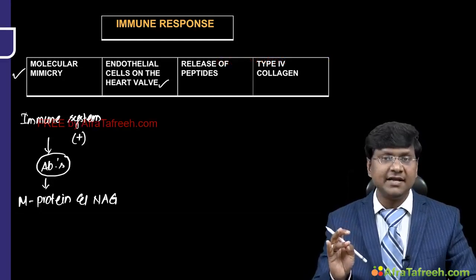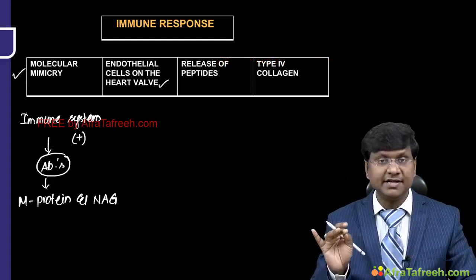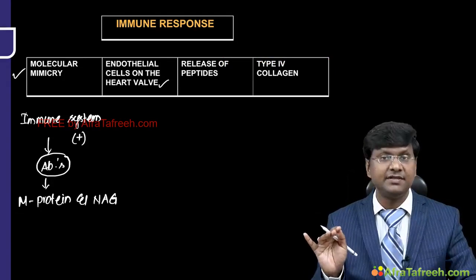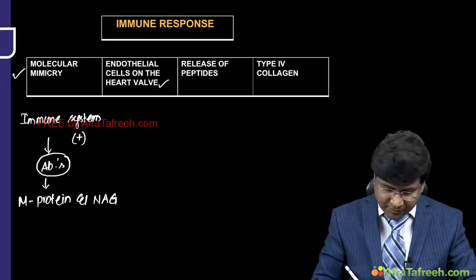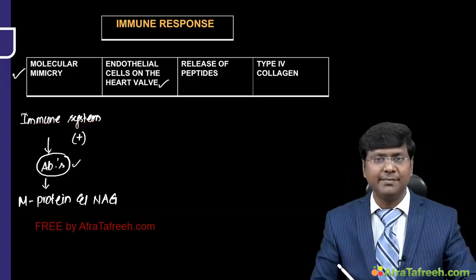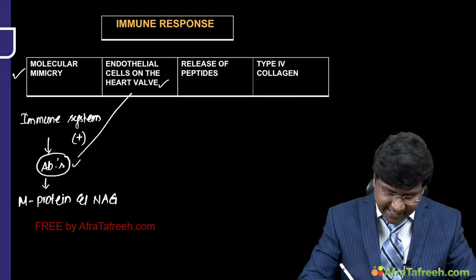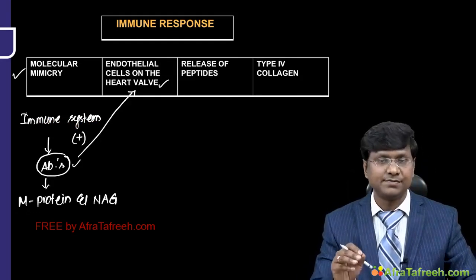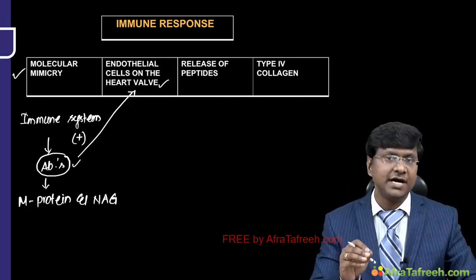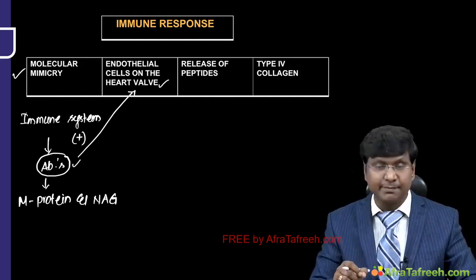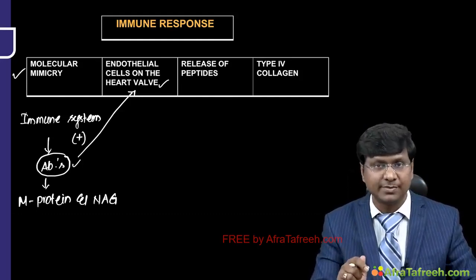It has similarity with the joints, with the skin, and with the brain cells. So the antibodies formed against this M protein and N-acetylglucosamine attack the heart valves because the structure of the heart valves is similar to that of the M protein and N-acetylglucosamine.